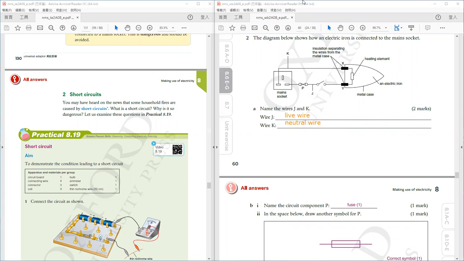Component P is the fuse. The fuse should be connected to wire J, the live wire. For the symbol of a fuse, you should draw a box with a straight line passing through.